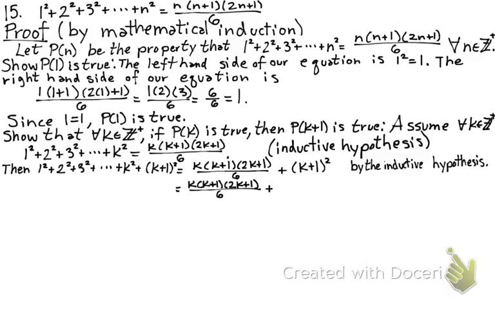This is plus 6 over 6, k plus 1, and we can think of this as k plus 1 times k plus 1, because that's the definition of squared. So we've just used the definition of squared, and basic algebra.